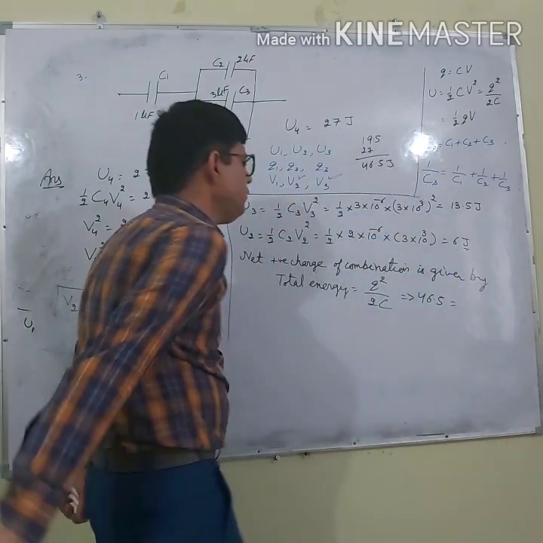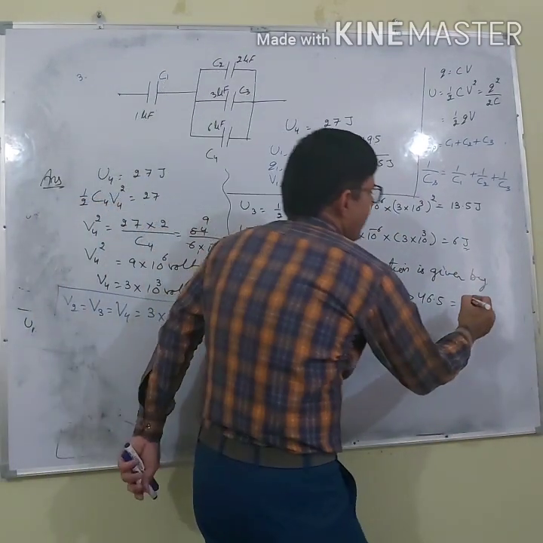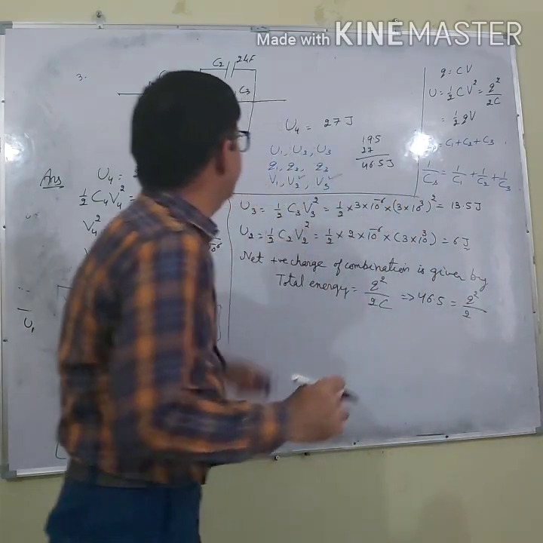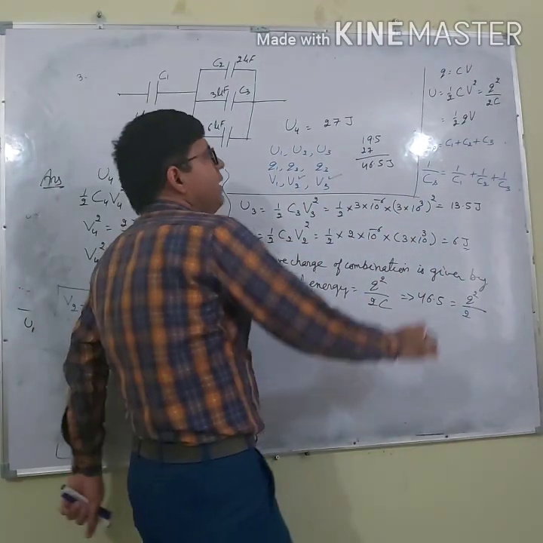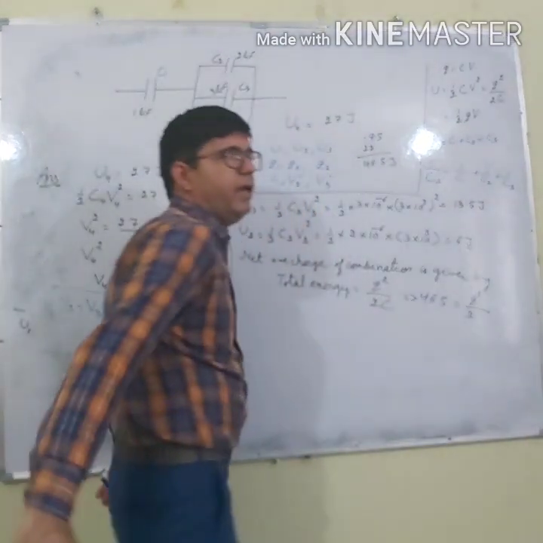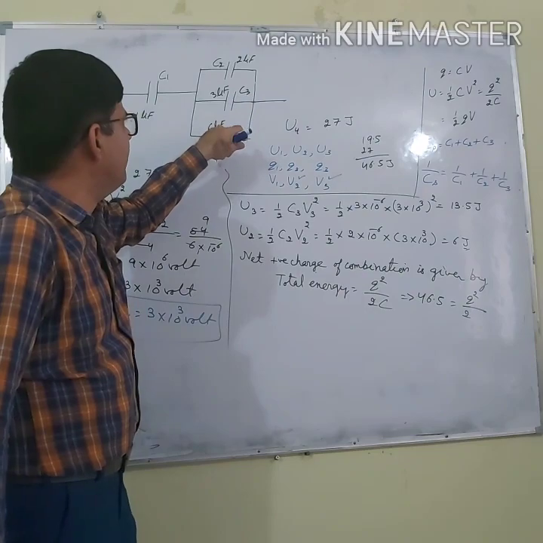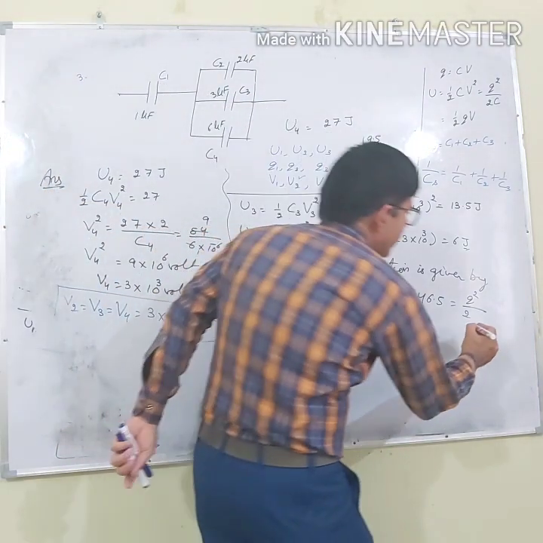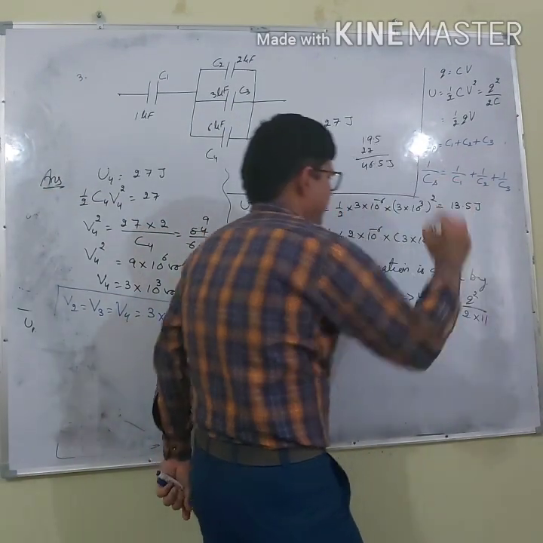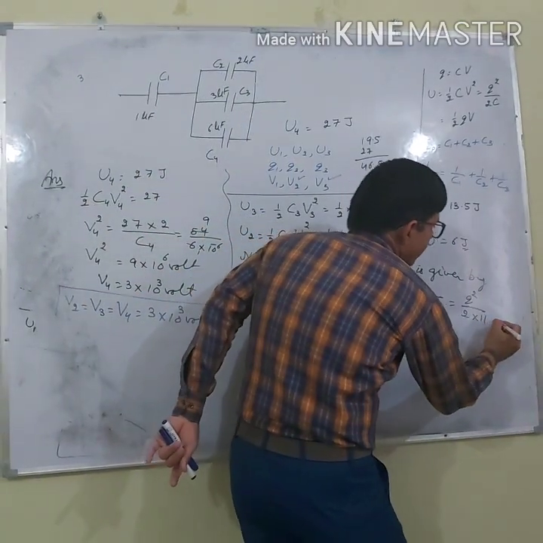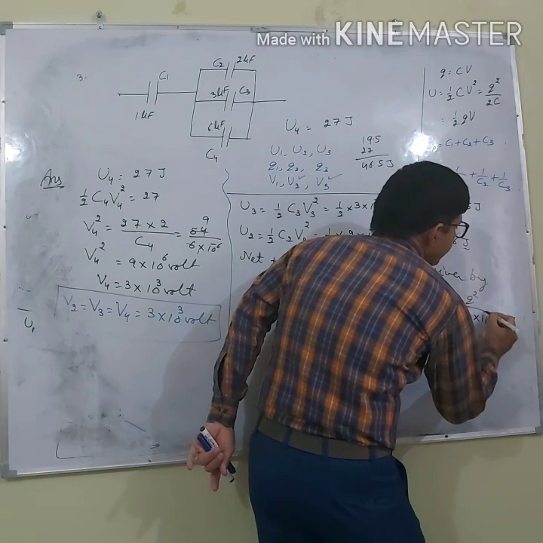So I can say this equals 46.5 joule. And what is the capacity? Total capacities, these are connected in parallel. In parallel, capacity is equal to the sum of the individual capacities. So add them: 2 plus 3 is 5, plus 6 is 11 microfarad, 10 to the power minus 6.